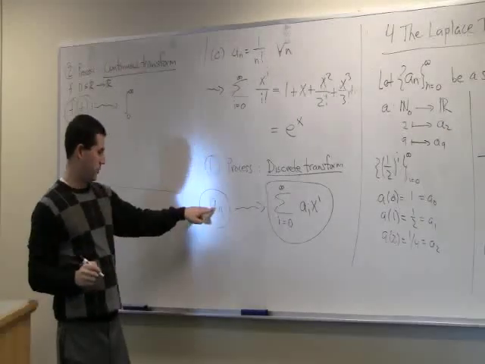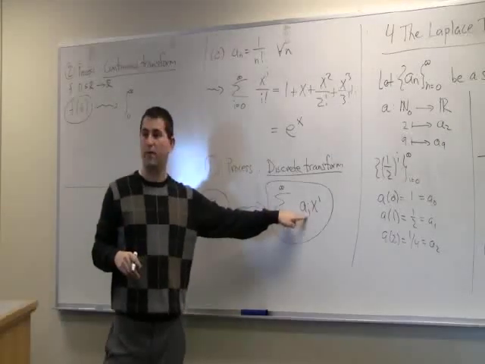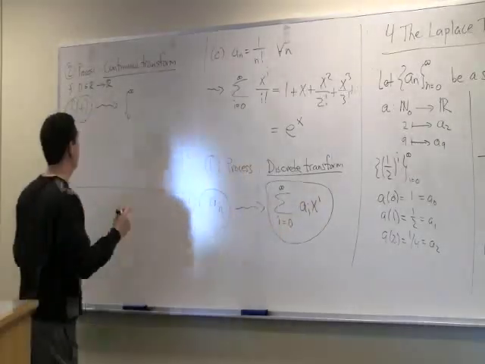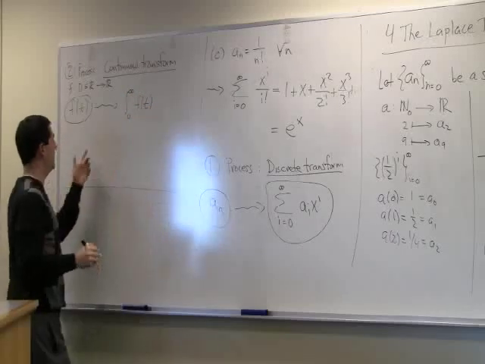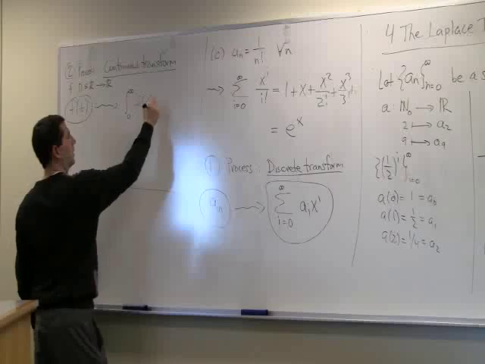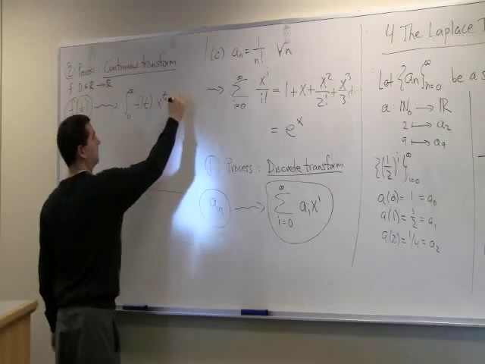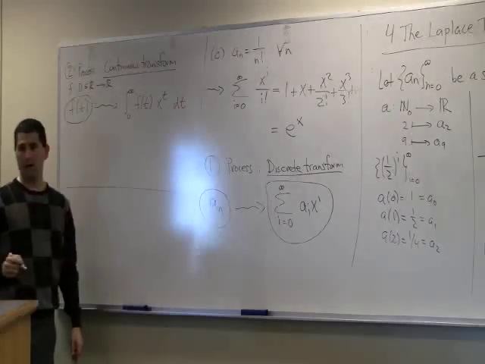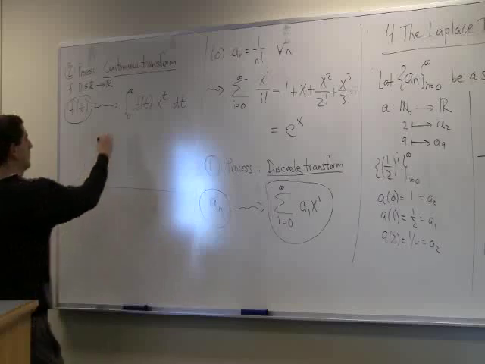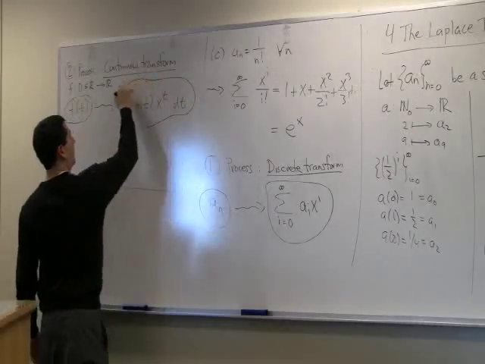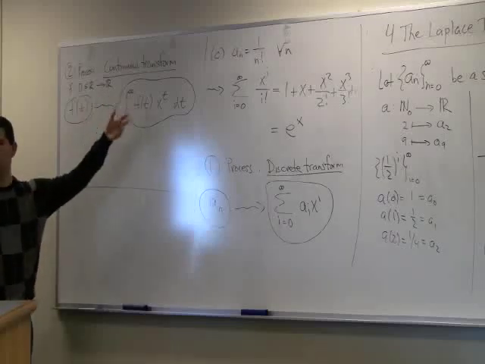Then what we did here is we took the sequence and made those coefficients of powers of x. We do the same thing here. Instead of the sequence, we take our function and put it in front of x to the t, and we integrate with respect to t. So this is a continuous transform.